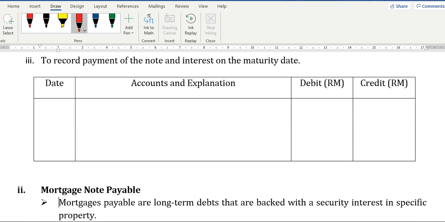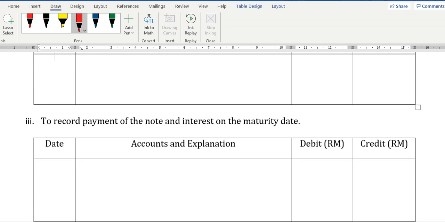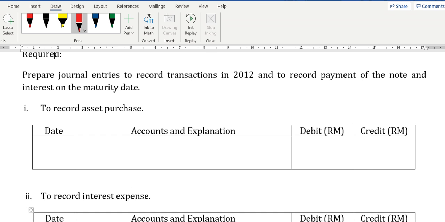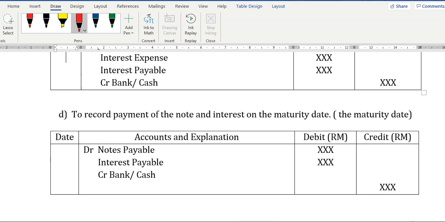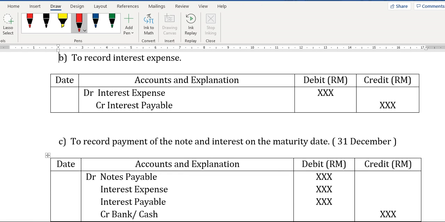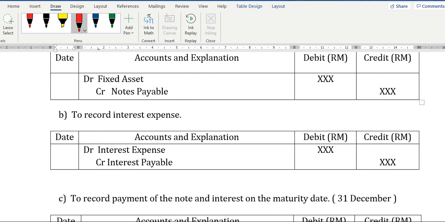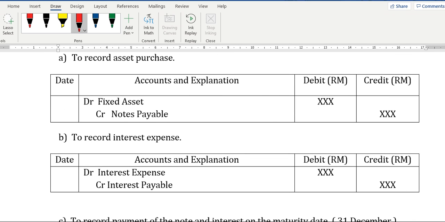Okay, so we go through the journal entries to record the notes payable. If we were to issue the notes payable, the journal entry serves the same purpose as buying or purchasing the fixed asset.